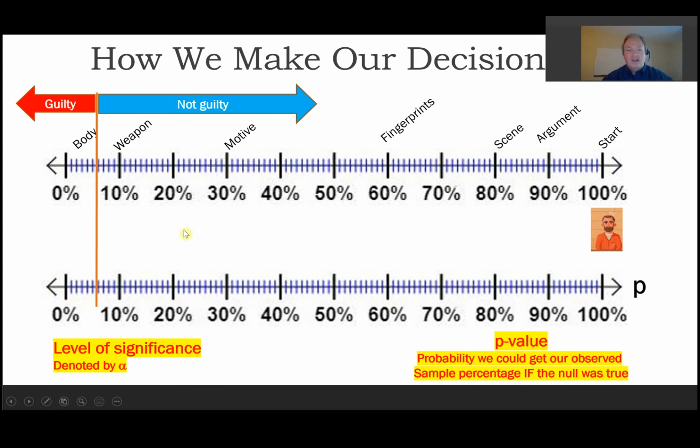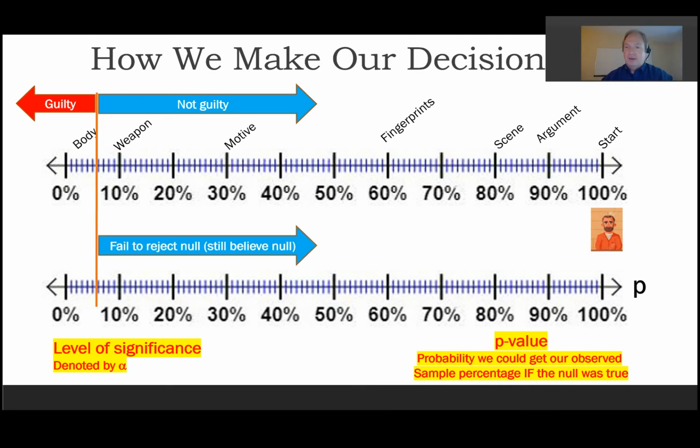But in statistics, we set a minimum p-value. It's called the level of significance. Why? Because it's the p-value that is the dividing line. It tells us when something significant happened. And we denote the level of significance by the Greek letter for small a, alpha.